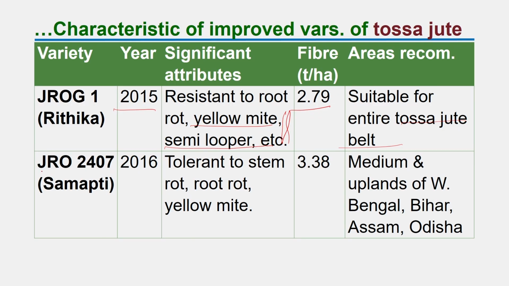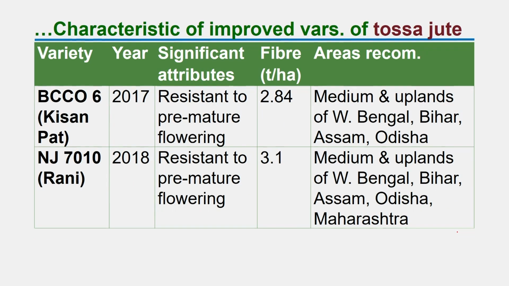Other variety is JRO2407, known as Sampati. It was released for cultivation in 2016 and tolerant to stem rot, root rot and yellow mite, and see yield potential is really extremely high, 3.38 tons per hectare, recommended for medium and uplands of West Bengal, Bihar, Assam and Odisha.